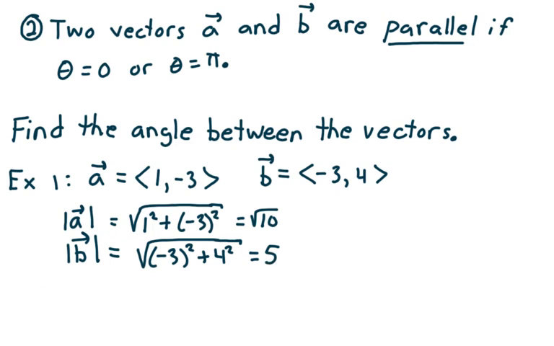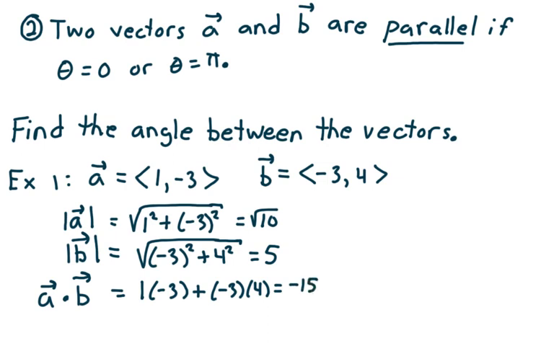So if I take the dot product of A and B, we'll figure out what that is here. This is 1 times negative 3 plus negative 3 times 4, which is equal to negative 15.